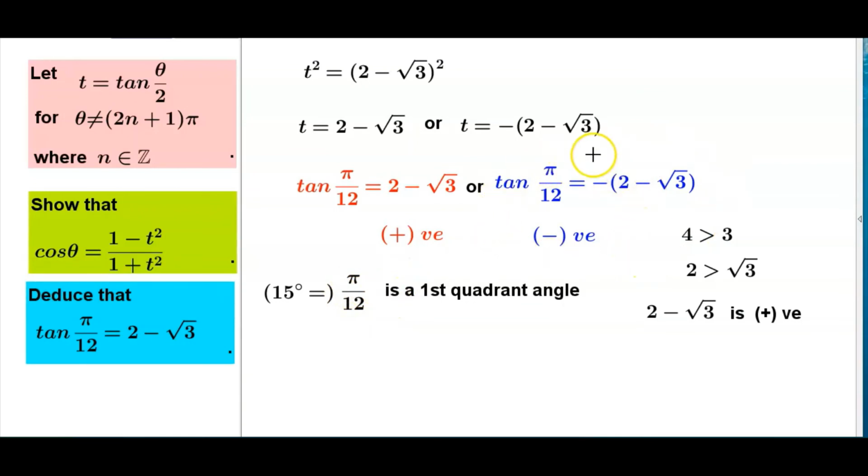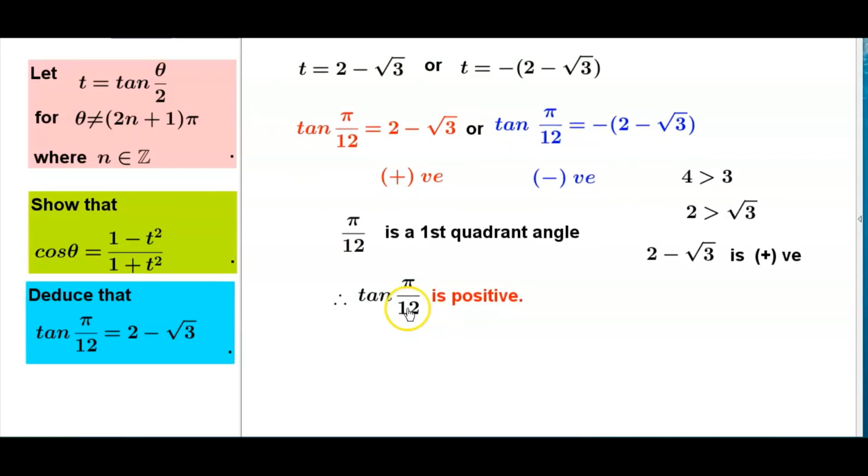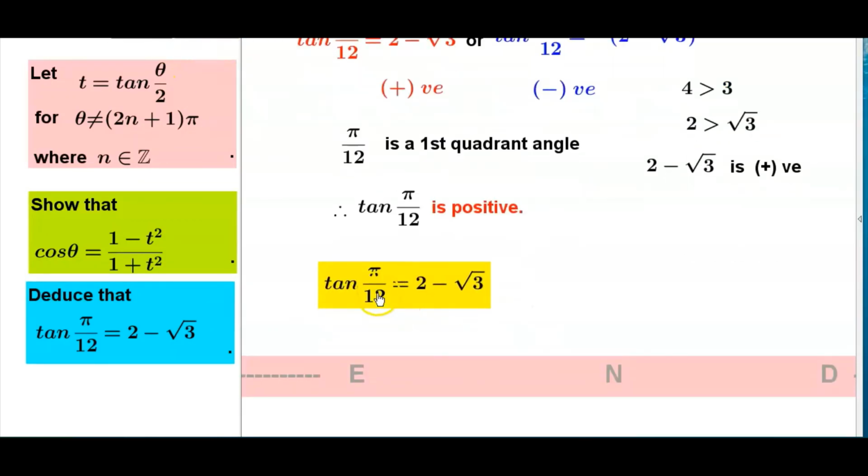Therefore, the negative value is not possible. Therefore, tan pi by 12 is positive, so tan pi by 12 is 2 minus root 3, not the other value. Therefore, tan pi by 12 is equal to 2 minus root 3.